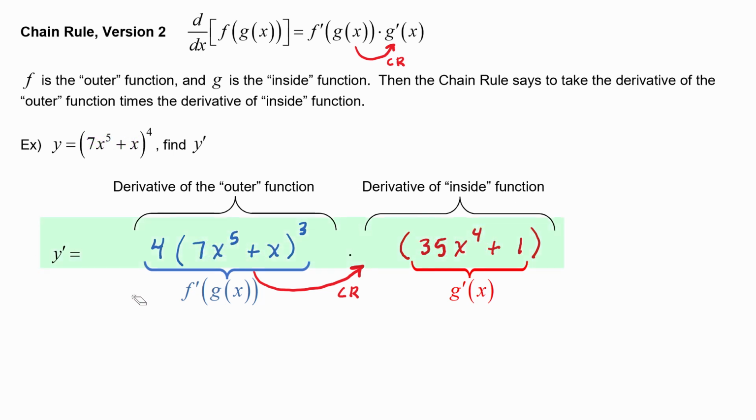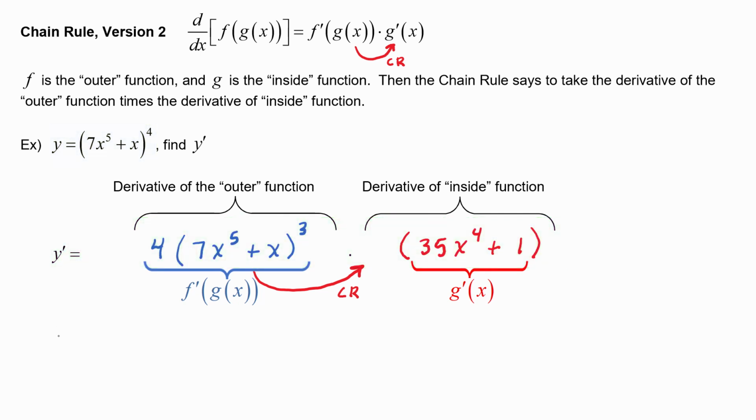So then y prime equals 4 times the quantity 7x to the 5th plus x to the 3rd, times the quantity 35x to the 4th plus 1, is the derivative of y equals the quantity 7x to the 5th plus x to the 4th.